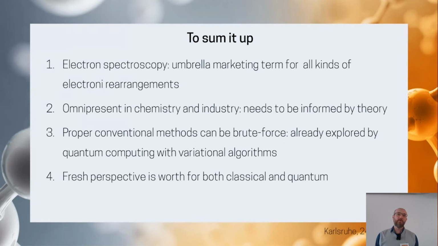But it needs theory. Therefore we are here trying to solve it. Conventional methods can be very accurate, but can also be very, very brute force. So quantum advantage is really desirable there. And yes, let us solve it.